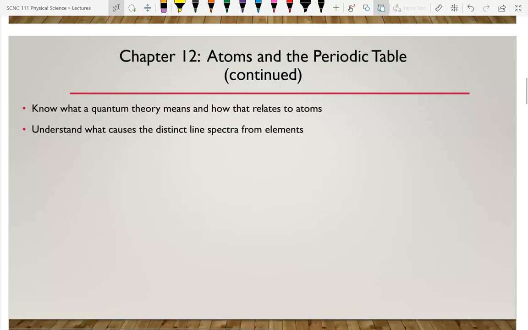Final two things from chapter 12. Know what a quantum theory means. What does quantum mean? As used in the quantum model.